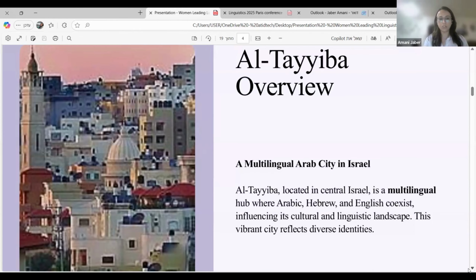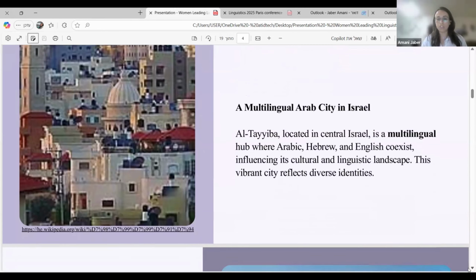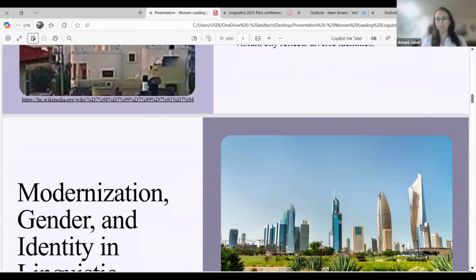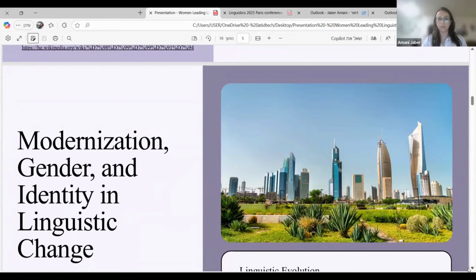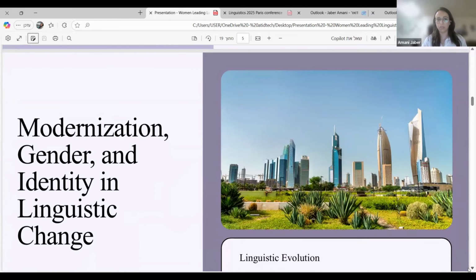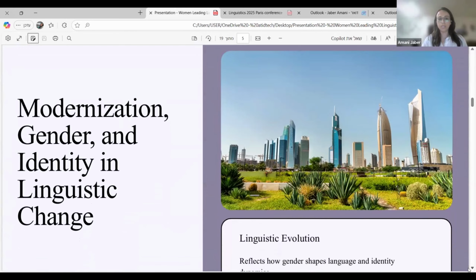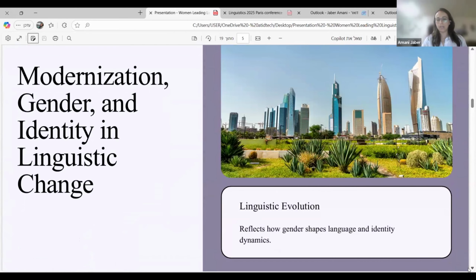It was interesting for me to look at the way these changes and this language contact affect women's behavior in society. Basically, I was looking at how gender shapes the identity of women in my society.